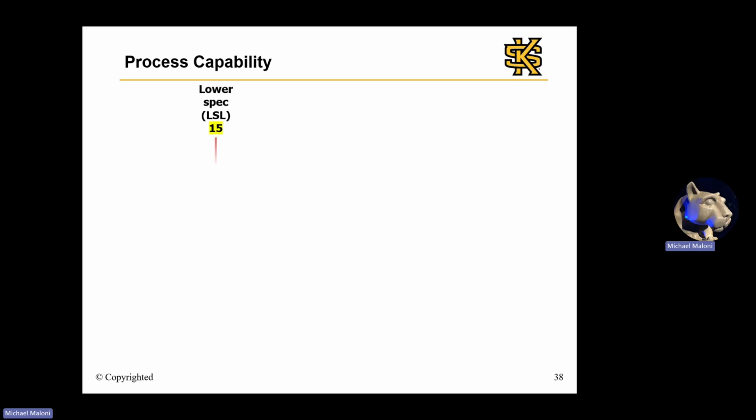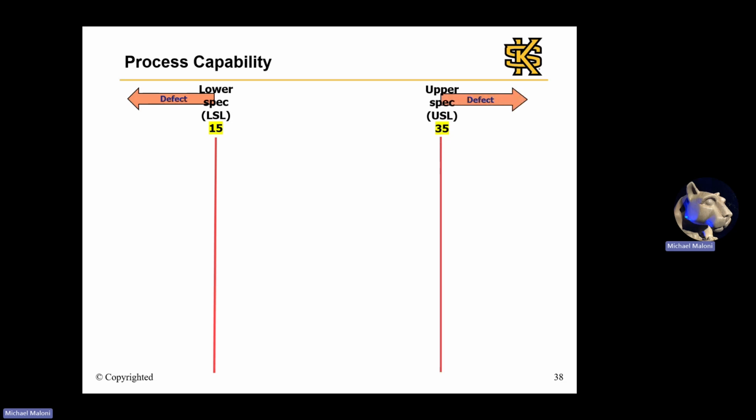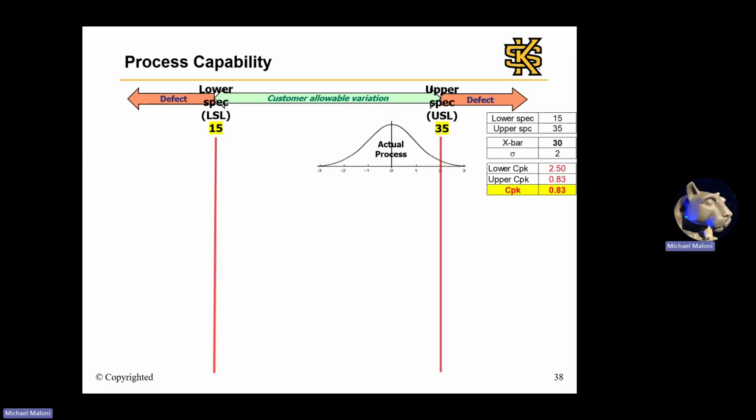We can visualize this with our lower spec limit, which is 15 minutes. Anything less is a defect. It's too short. And then our upper spec limit is 35 minutes. Anything longer than that is a defect, too long. So everything in between 15 and 35 minutes is within specifications. That's customer allowable variation, and it's not a defect. So this particular distribution mostly, but not completely, falls within specs.